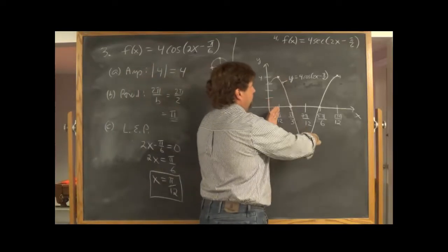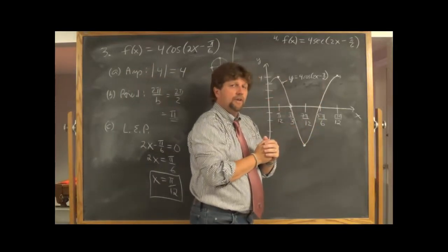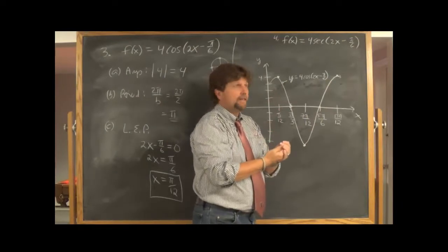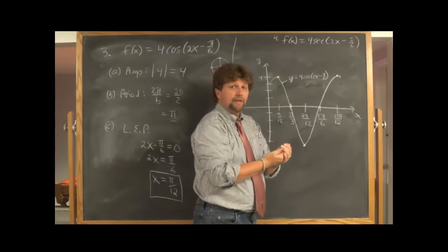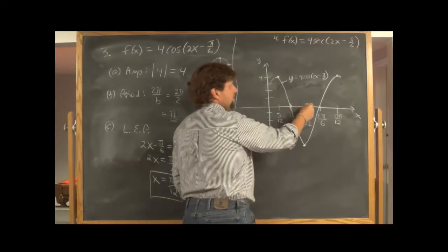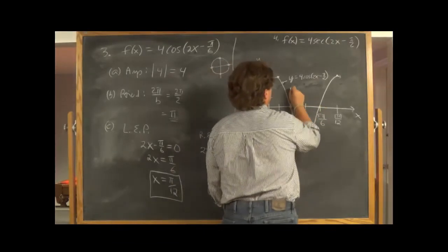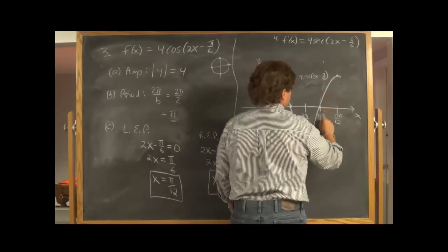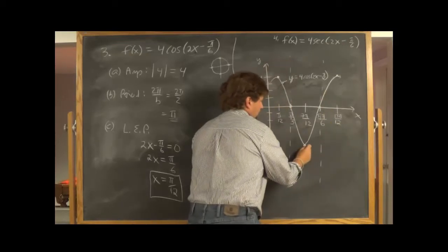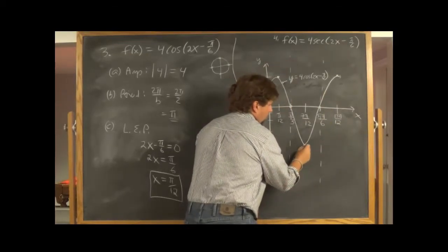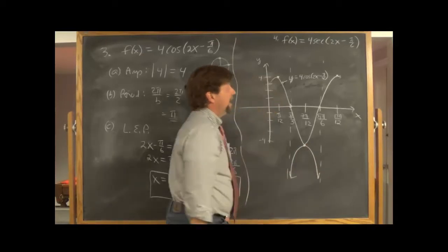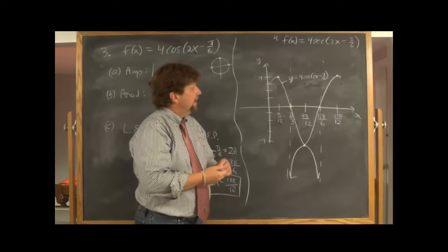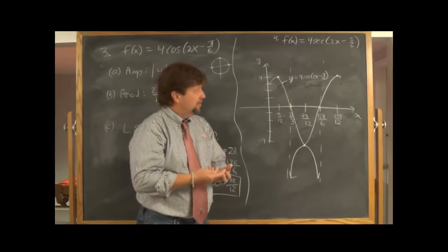Wherever this graph has x-intercepts, those will be the vertical asymptotes for the graph of 4 secant 2x minus pi over 6. So here's an x-intercept, here's an x-intercept. Those are the vertical asymptotes. So here is one piece of the graph of 4 secant 2x minus pi over 6. And now the rest is up to you.